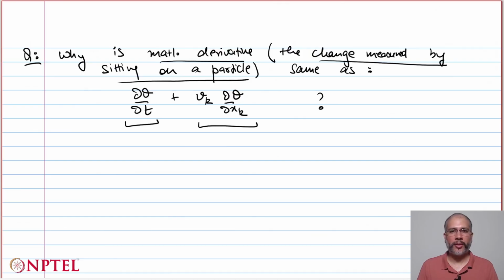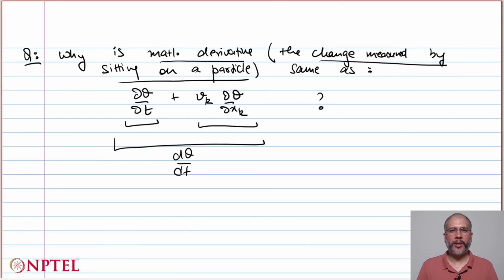Now using the chain rule is okay, but we must show why this sum, which is d theta by dt, actually denotes the time rate of change of the quantity when measured by sitting on the particle.